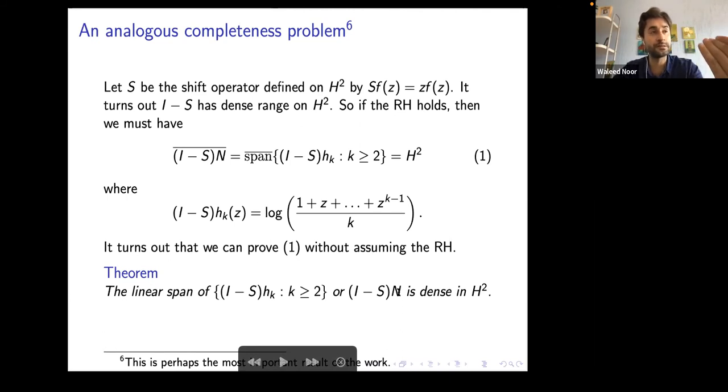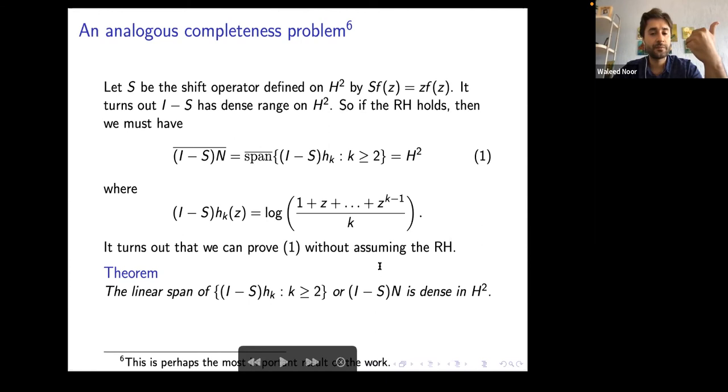What we prove here is that the identity minus S applied to N is dense in H2. This is quite interesting also because, first of all, I should mention that I minus S is not invertible, because if it were invertible, this would immediately imply the Riemann hypothesis, and then I wouldn't be here, right? Just kidding.